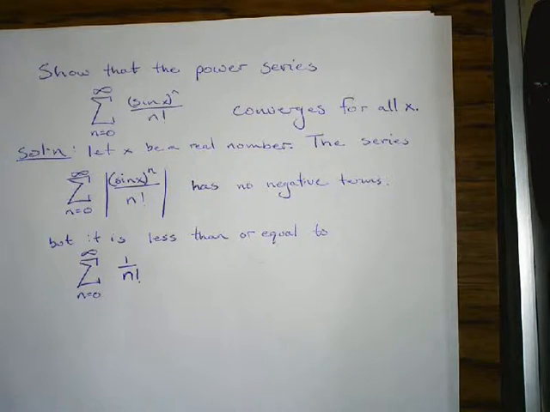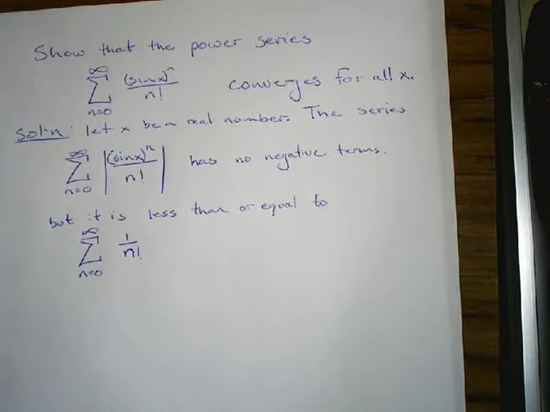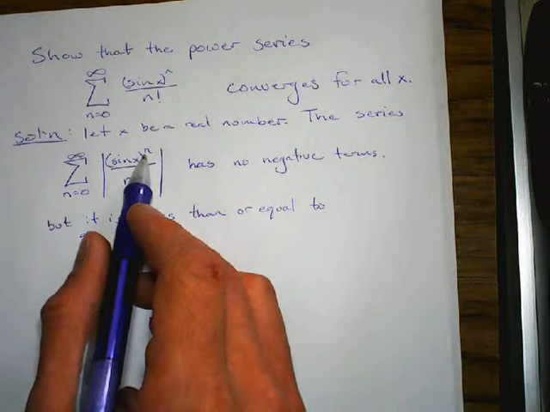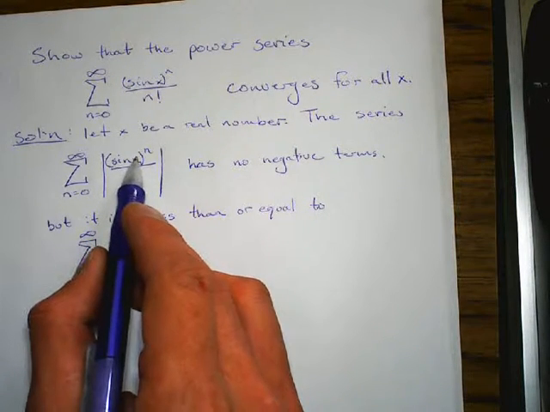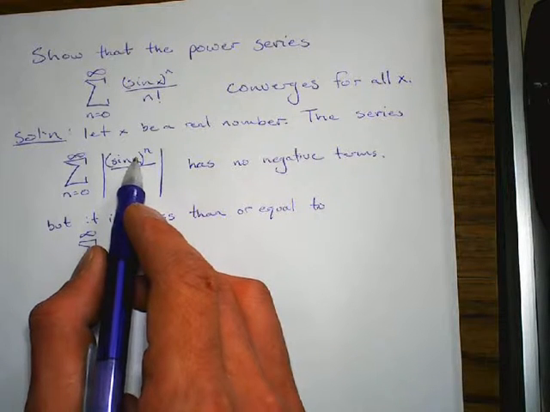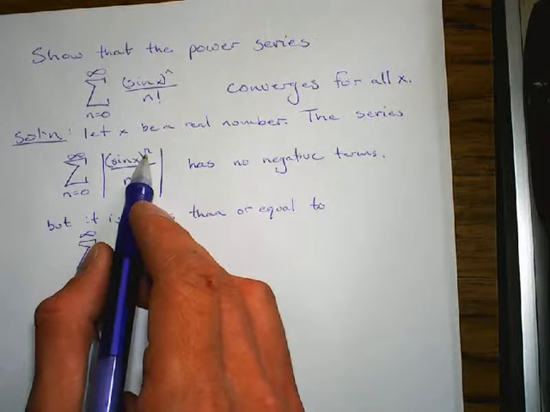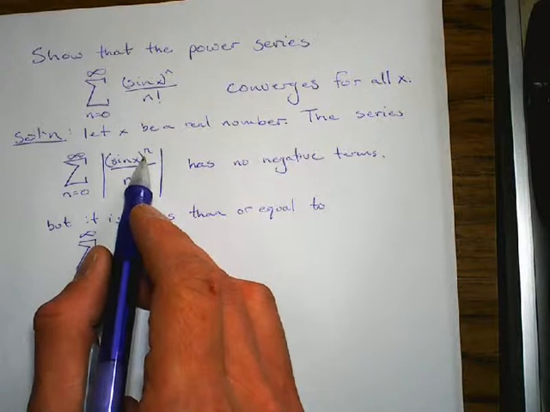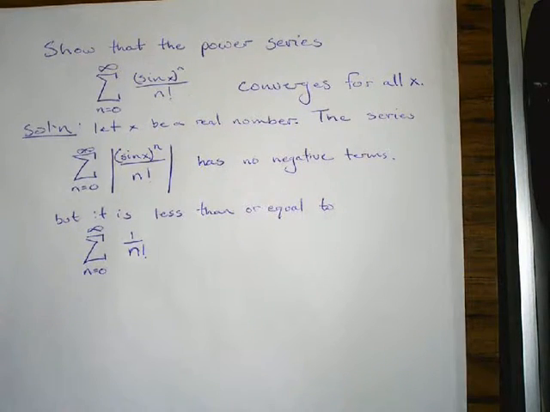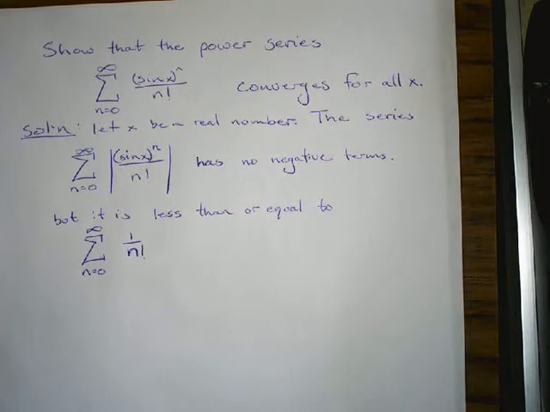And you can see that because sine of x is always less than or equal to 1. When you raise 1, the greatest value of that, to any power n, you're still going to get 1. So it's always going to be less than this.